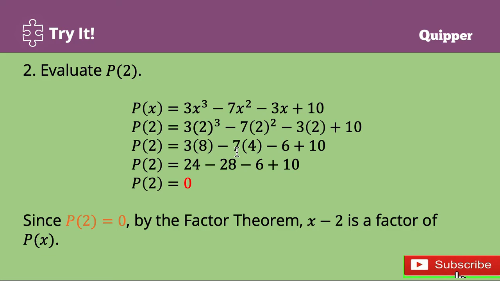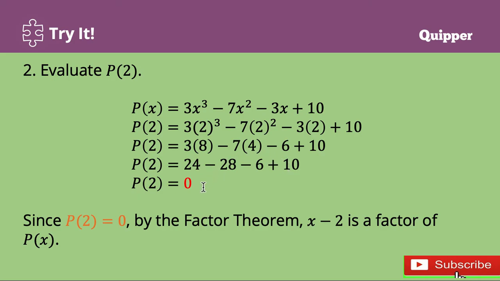Negative 7 times 4 is negative 28. Just copy negative 6 plus 10 here. 24 minus 28, that is negative 4, minus 6 is negative 10, plus 10 is equal to 0.